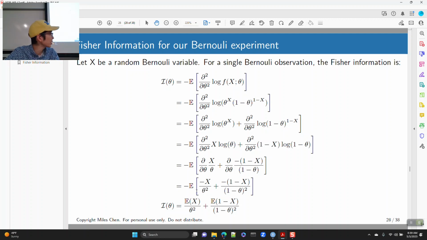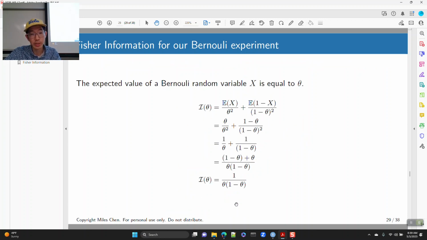What is the negative expected value of x? We're going to get E of x and E of 1 minus x. And for a Bernoulli random variable, the expected value of x is just theta. So we're going to get theta over theta squared and 1 minus theta over 1 minus theta squared. So this is what we get. And then you're going to get 1 over theta plus 1 over 1 minus theta.